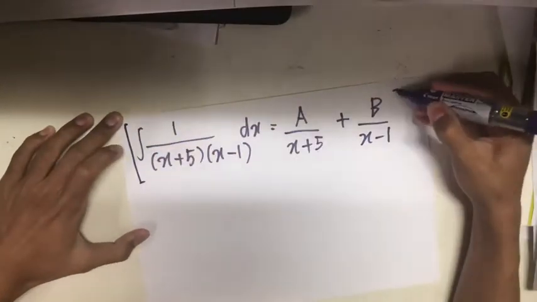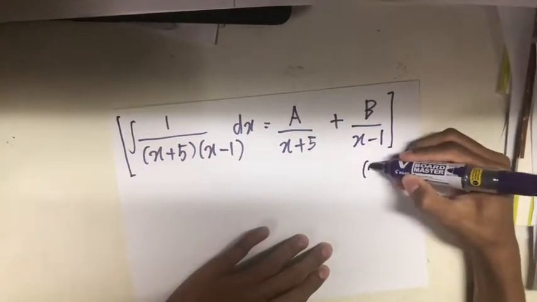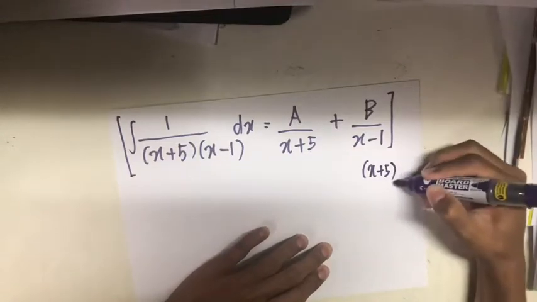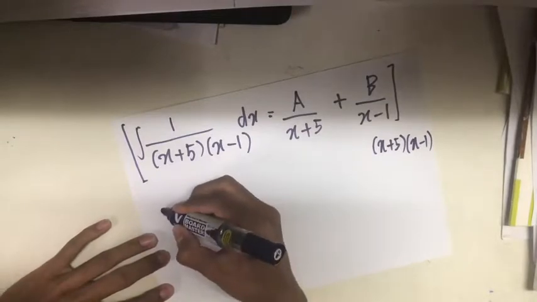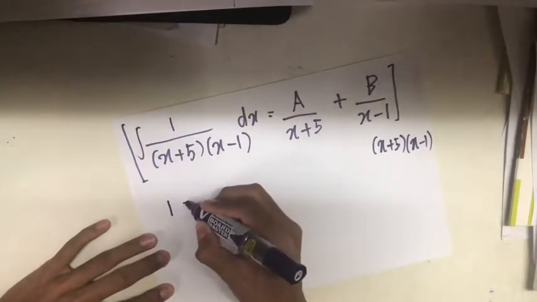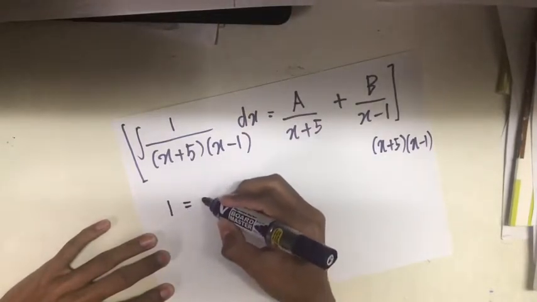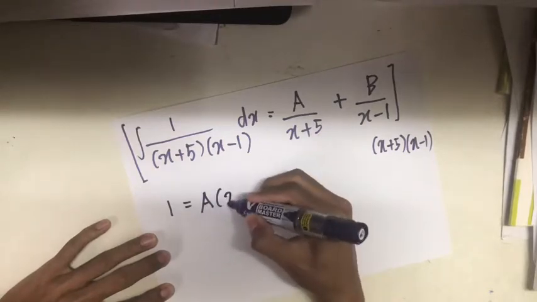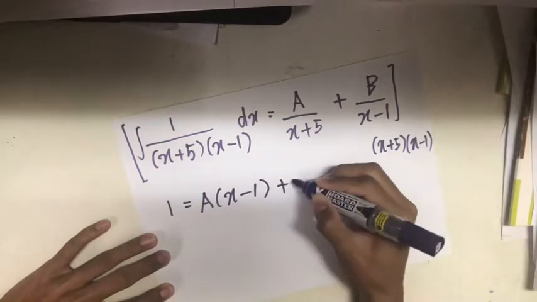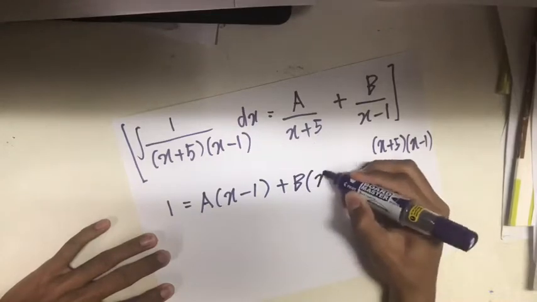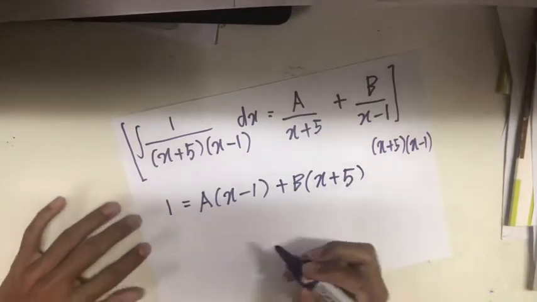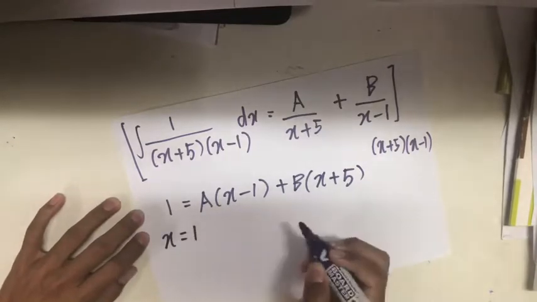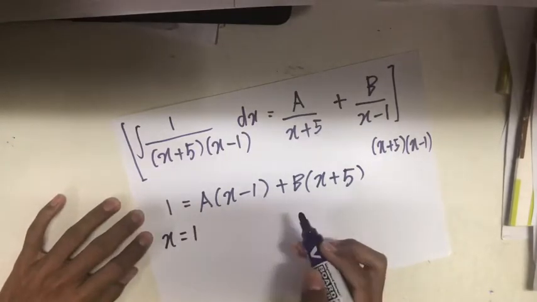We multiply all this with x plus 5 and x minus 1, and we can get this equation: 1 equals A(x minus 1) plus B(x plus 5). Alright, we will assign x equal to 1 because x minus 1 equals 0.